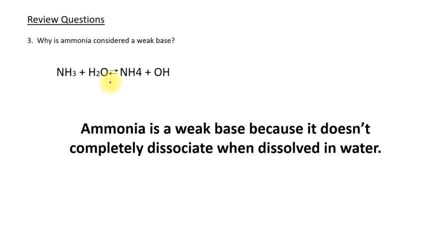And this is telling us that the reaction between ammonia and water is reversible. So some hydroxide is left behind, but some of it reacts with the ammonium ions and goes back to regular ammonia to reform. So we're not left with as many hydroxide ions as a stronger base.